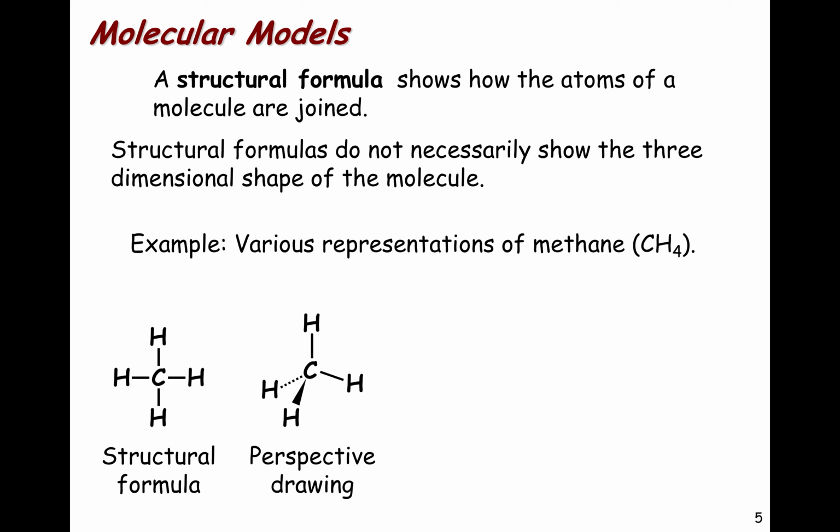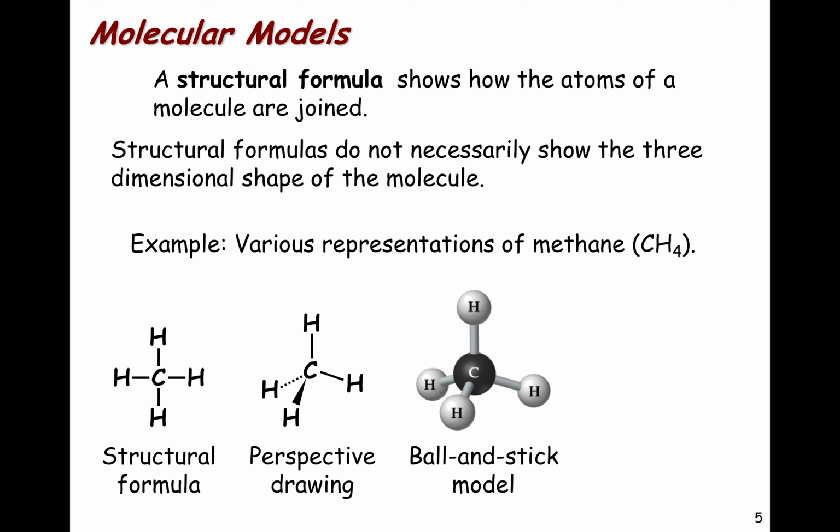We can also give some sort of indication of the shape of the molecule by using a perspective drawing that includes wedges and hash marks, where the wedge has the atom coming closer to us and the hash mark is going further back. So in fact, methane adopts a structure that we describe as being tetrahedral, where all of the angles are approximately 109 degrees.